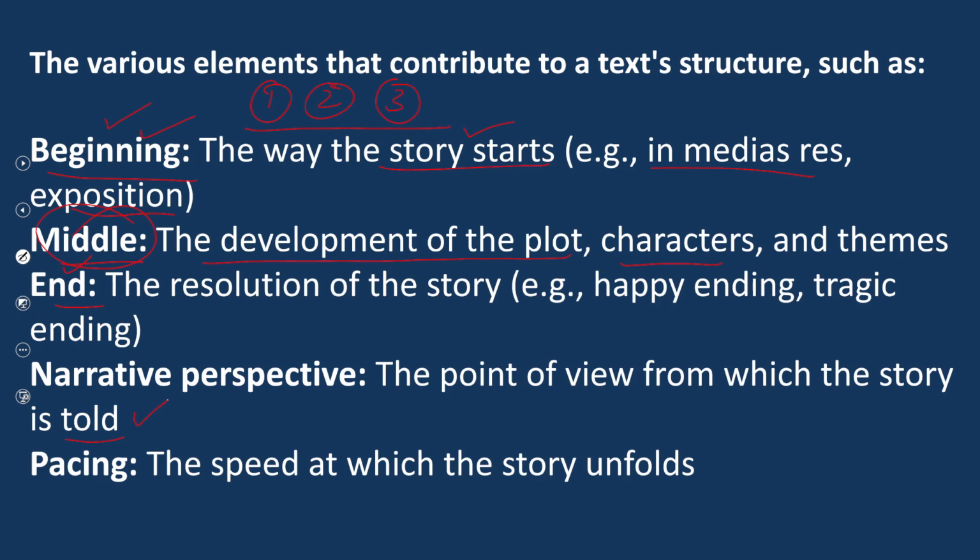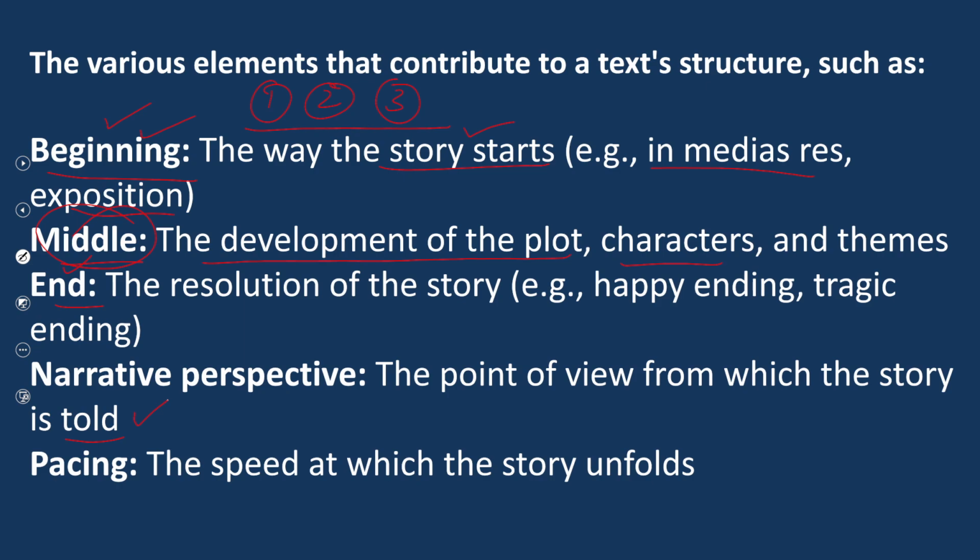The first person narrative, the story can be told from a second person and also third person, and it is divided in two types: third person omniscient and third person limited point of view. So students, if you see the story starting with the pronoun I, me, myself, then this is a first person narrative. The perspective is of the narrator, who's also part of the story.